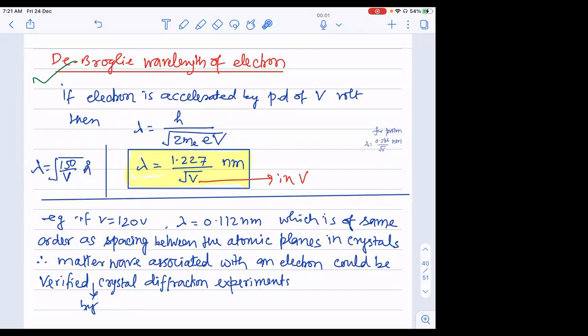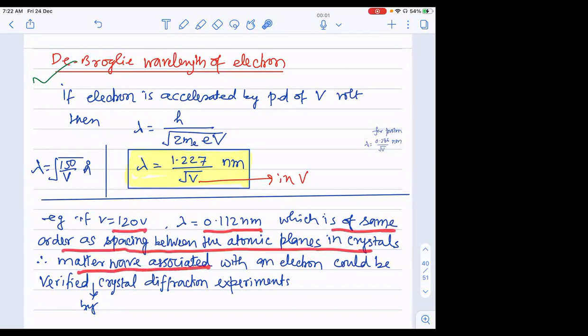For example, potential difference of 120 volt, right? Lambda will be 0.112 nanometer, which is of the same order as the spacing between the atomic planes in the crystals.